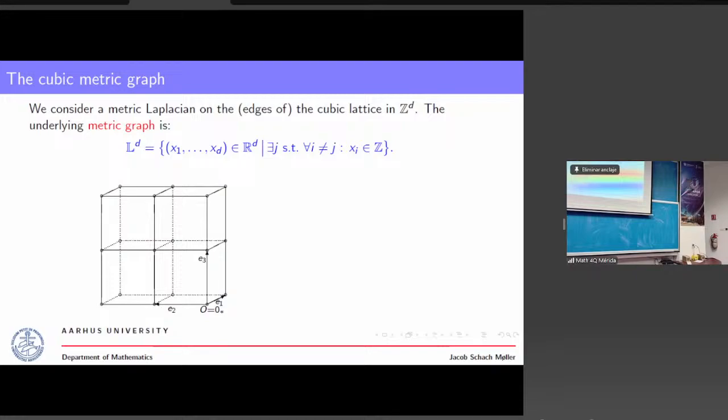On the vertices you have the set Z^2. Then you include all the edges between the vertices in Z^2, so you get this grid. You can of course do that in any dimension. I should say dimension 1 is not so interesting because you just get the real line. So you have to be at least in dimension 2 to have something new to talk about.